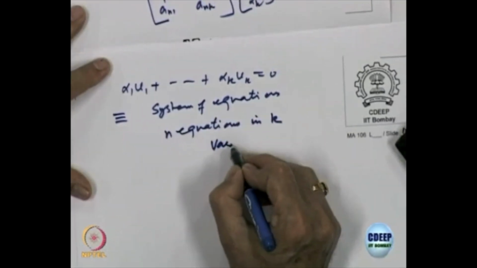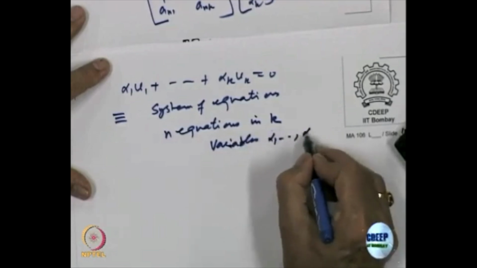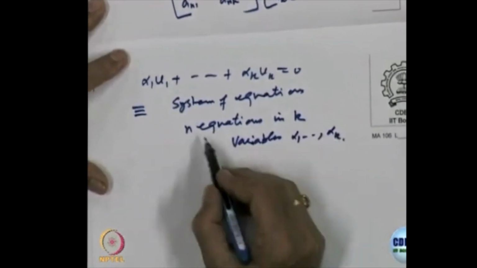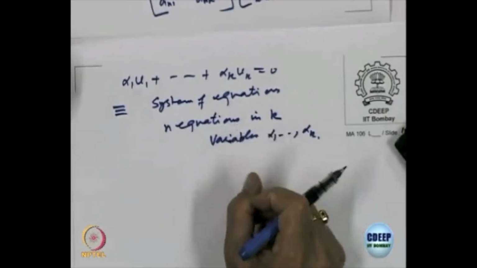What are the variables? Alpha 1 up to alpha k are the variables, right. So, n equations, and when does a system of equations have a non-trivial solution? It is a homogeneous system, so it always has the solution 0. When does it have a non-trivial solution?